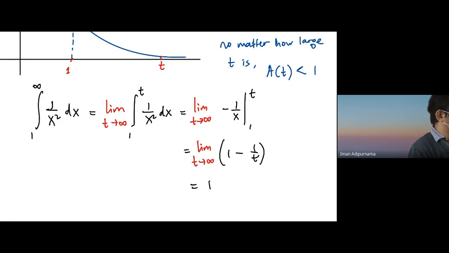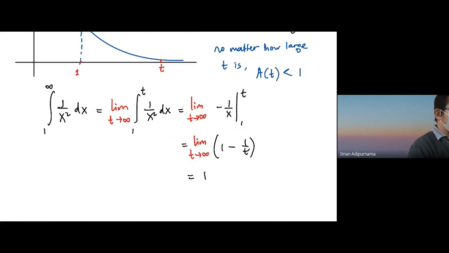It's a finite result. And when we get a finite result, we call this result convergence or convergent, because it converged into one finite answer or one exact solution, which is 1.